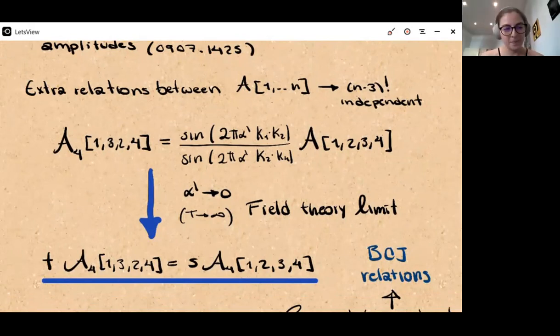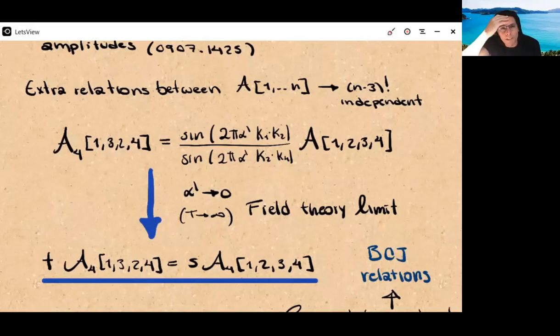Is there another question? Yeah. Mariana, if you keep the next order in alpha prime, not the purely field theory limit, but the next one, what happens with this? Is there anything interesting going on? Yeah, so what we do when we keep the next order in alpha prime is think of it as higher derivative corrections to the theories. And it's complicated because these simple relationships, like the BCJ field theory relationships, do not hold order by order in alpha prime.